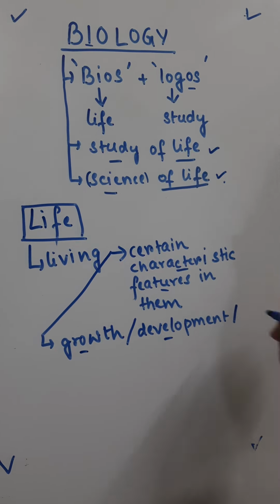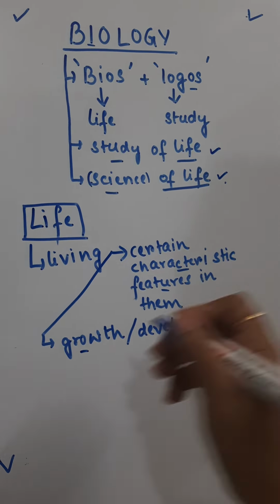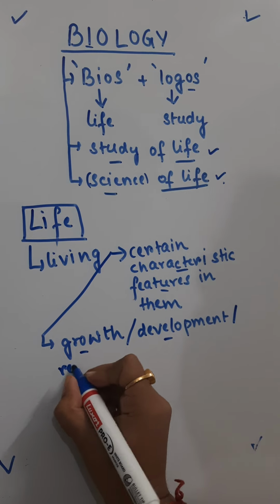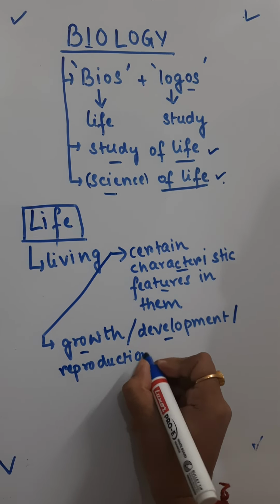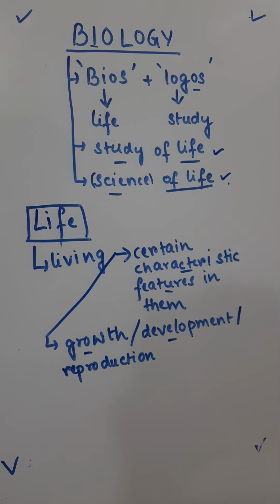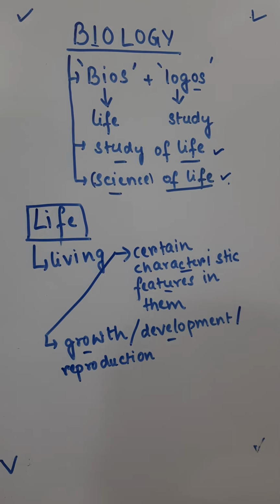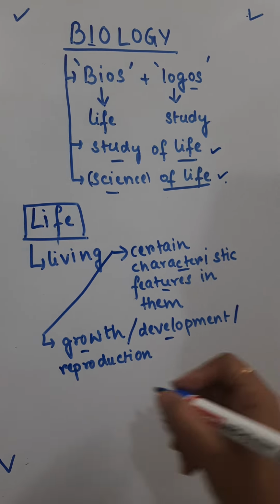Apart from that, we have reproduction. This is also another characteristic feature of living organisms. They are able to reproduce themselves.